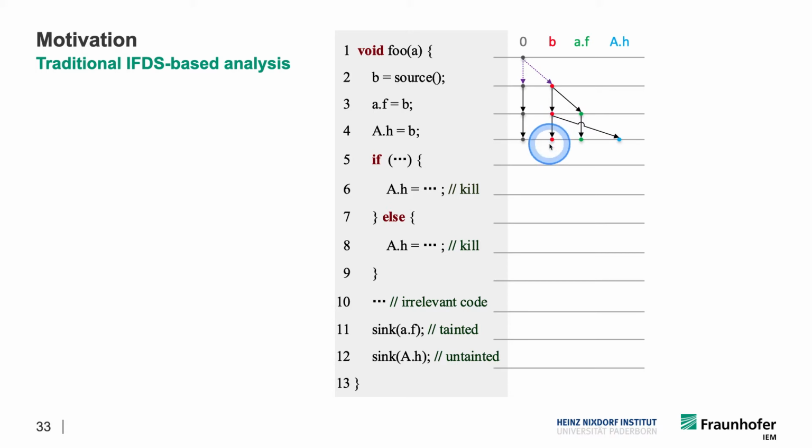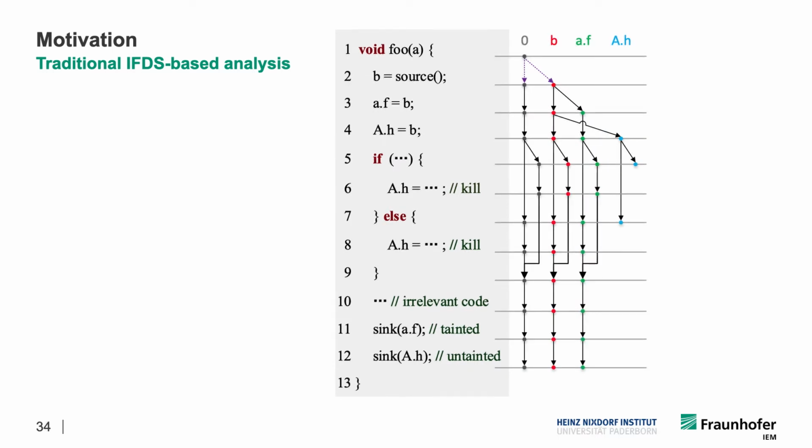So this would be propagated further, but then in addition, B is also assigned to A.H, so we would also be generating this access path. And then this would go further and further, right? And so you can see A.H is actually being killed here at this statement, and then also down here at this statement, so that does not progress. But then the data flow for A.F that is actually proceeding right through both branches, and it's being kept alive, as you see here. The same is true for B and also for the zero fact.